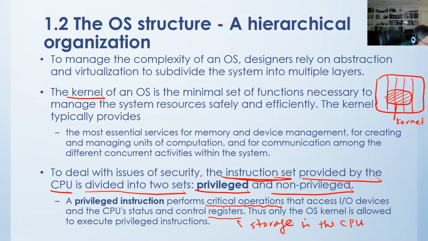So if the instruction is going to request updated values in the registers, then in this case it will be defined as a privileged instruction. If it's a privileged instruction, then only the operating system kernel is allowed to execute it.